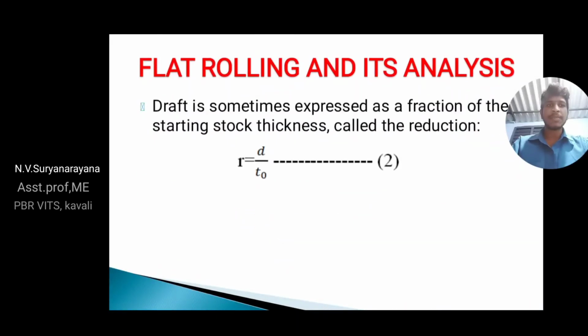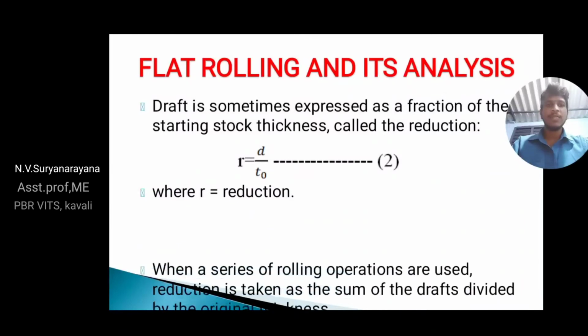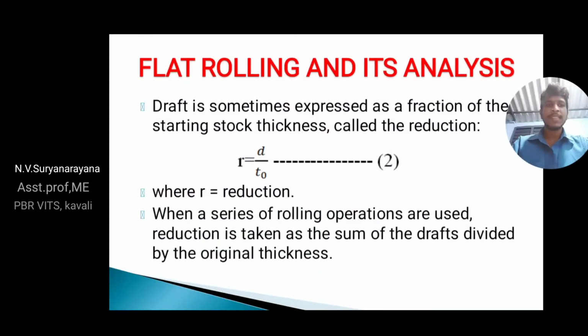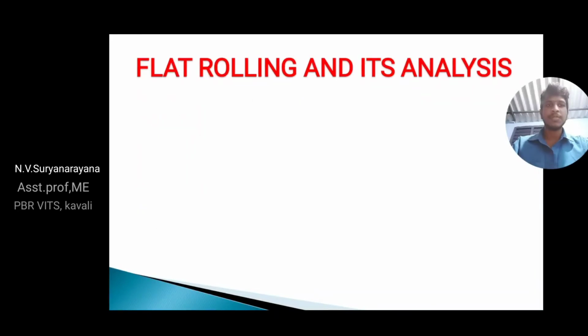Draft is sometimes expressed as a fraction of the starting stock thickness. T0 is the starting stock thickness, or initial thickness, or original thickness. This is called the reduction, small r, that equals d by T0, where d is the draft and T0 is the original thickness. That is expression 2.